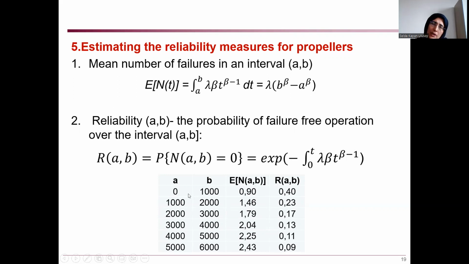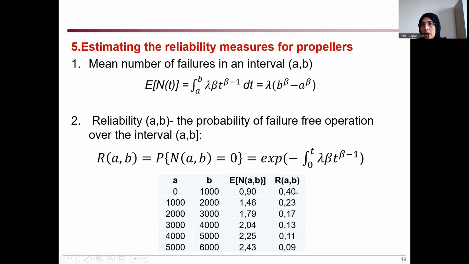In the table below, you see that for several intervals, from 0 to 1,000 flight hours, 1,000 to 2,000 flight hours, etc., we calculated the mean number of failures and the reliability values.